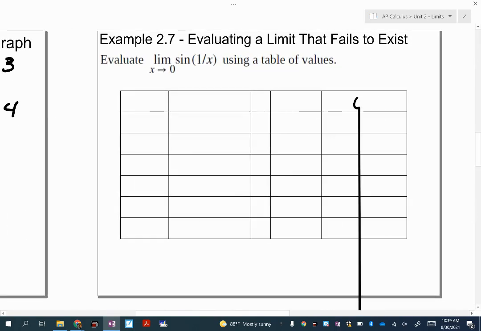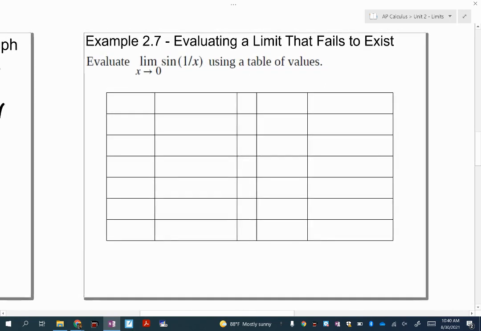Okay, let's do another table of values. Let me erase all this nonsense, there we go. We're going to use x and the sine of 1 over x. We're going to go from the left of 0, so negative 0.1, negative 0.01, getting closer and closer to 0 here.